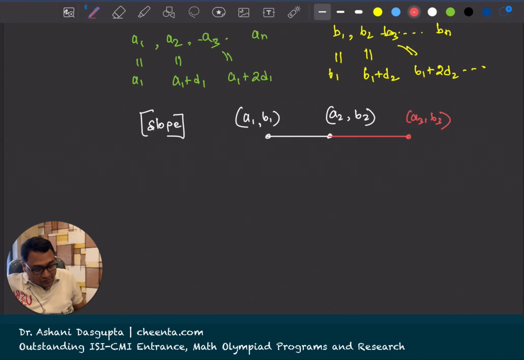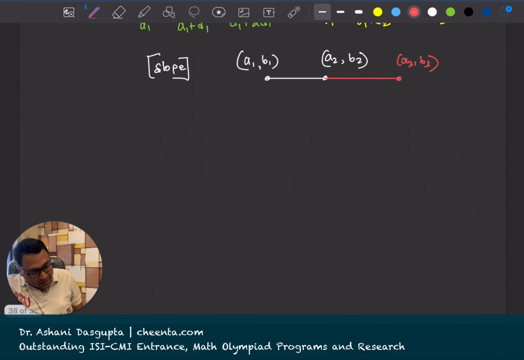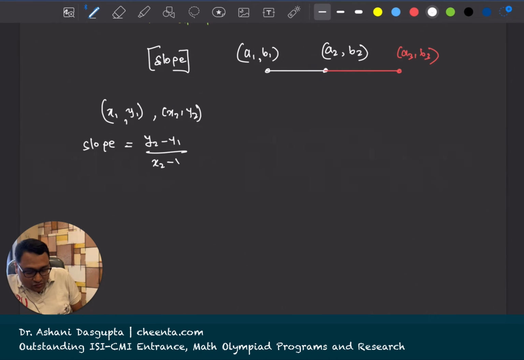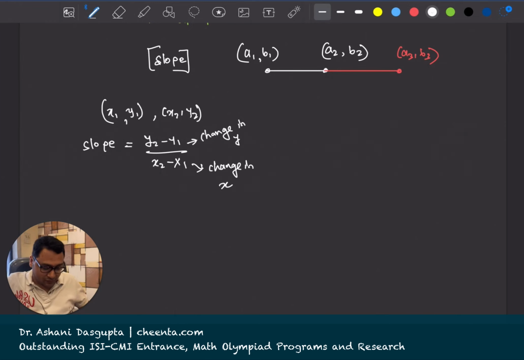So what is the slope? If I have x1, y1 and x2, y2 as two points, then their slope is y2 minus y1 divided by x2 minus x1. This is the change in y, or the height, the rise, and this is the change in x. That is the run.